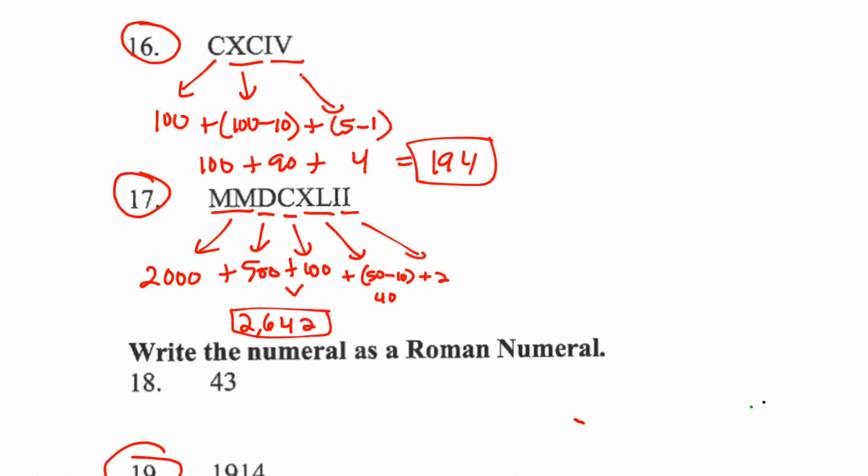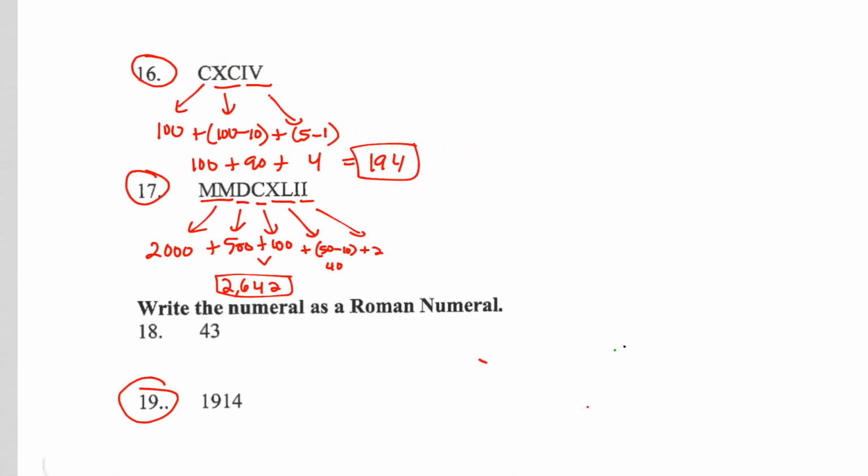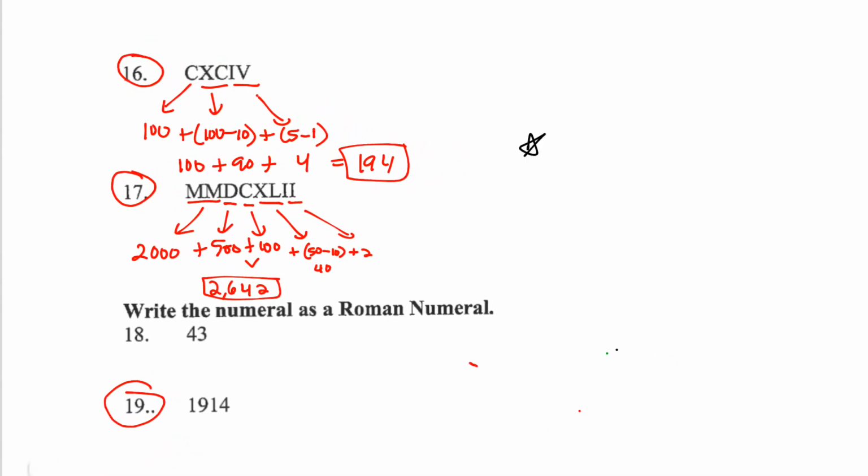Let me add one more just as a reminder about a few of the rules, and that would be 99. Let me tell you what it doesn't equal. It doesn't equal 100 minus 1. That's a violation of the rules because 100 is way too far from 1. It can only be 2 spaces away. So you cannot subtract 1 from 100.